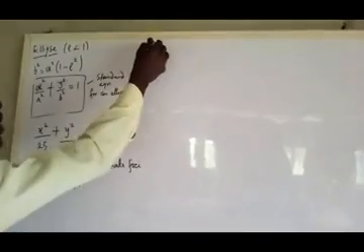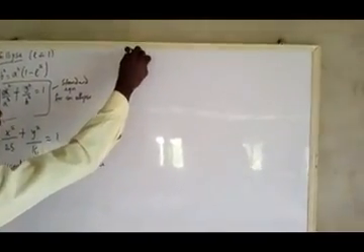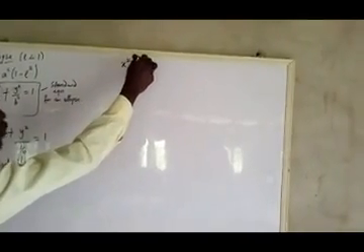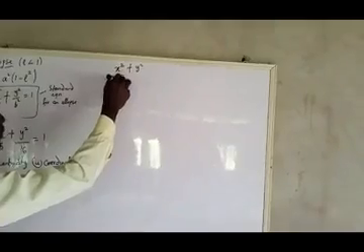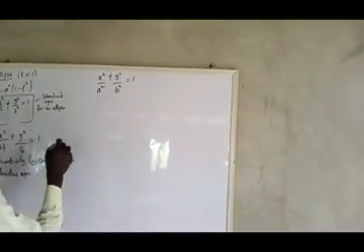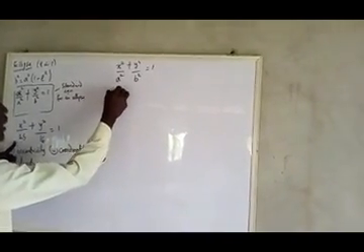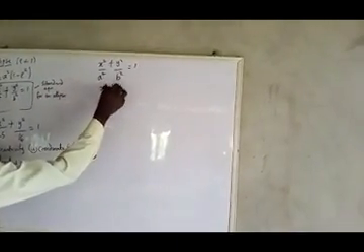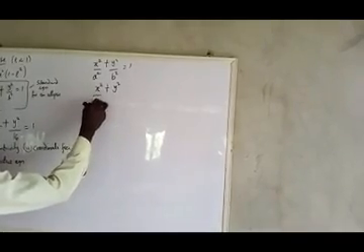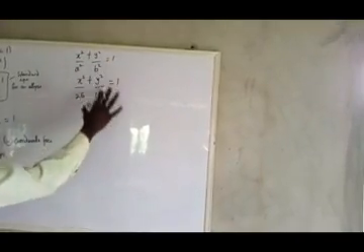From your equation, you know that your standard equation is x squared over A squared plus y squared over B squared equals 1. And inside your question you have x squared over 25 plus y squared over 16 equals 1, so you can see that the values are almost the same.